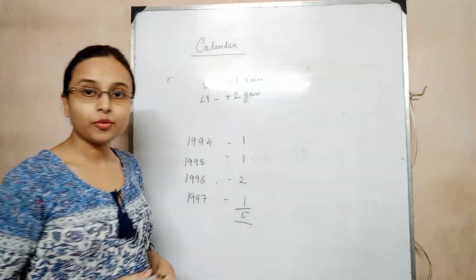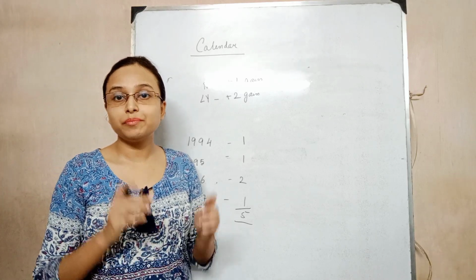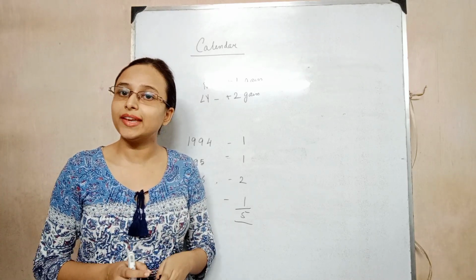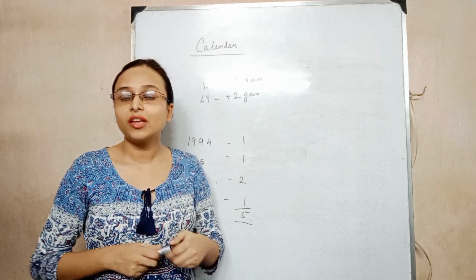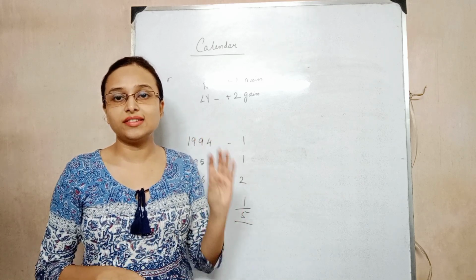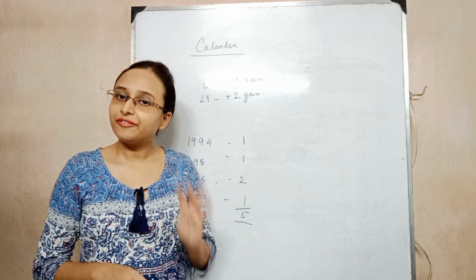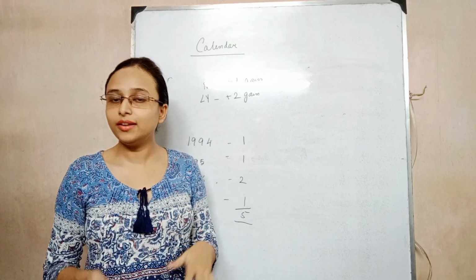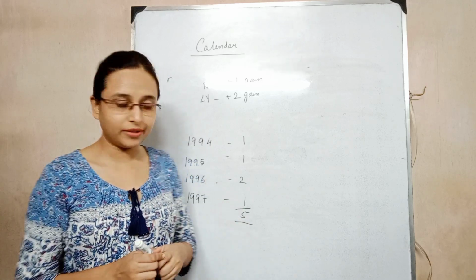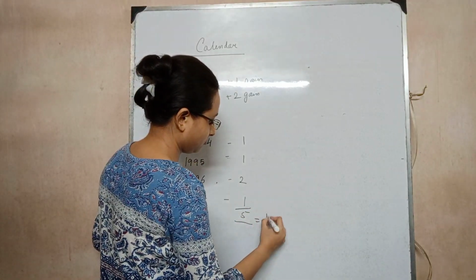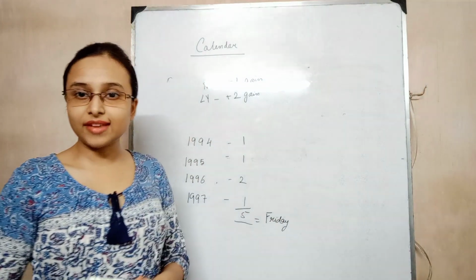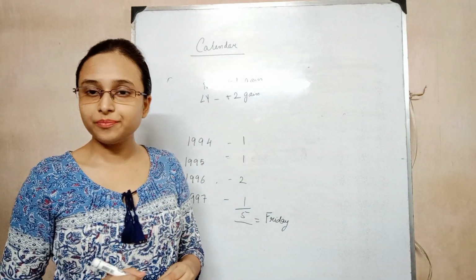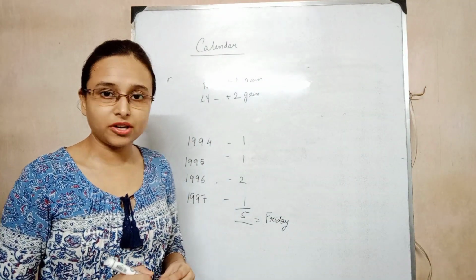Right? Now Sunday plus 5 days. We will be calculating this. So Sunday plus 5 will give me Monday, Tuesday, Wednesday, Thursday, Friday. 5 days from Sunday, that is 5th, comes to Friday. So 5 stands for Friday, which I have already given you the explanation.